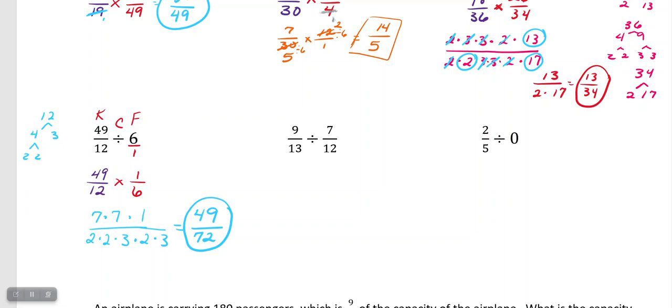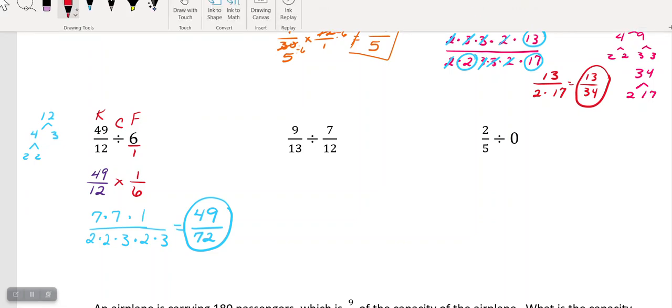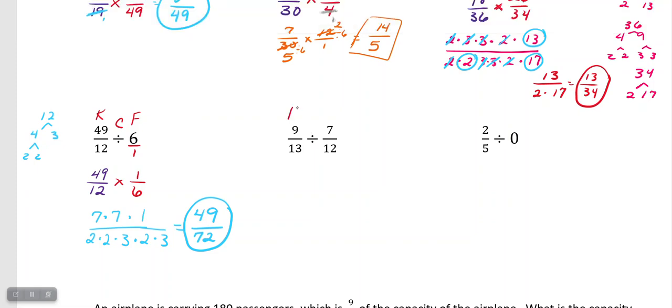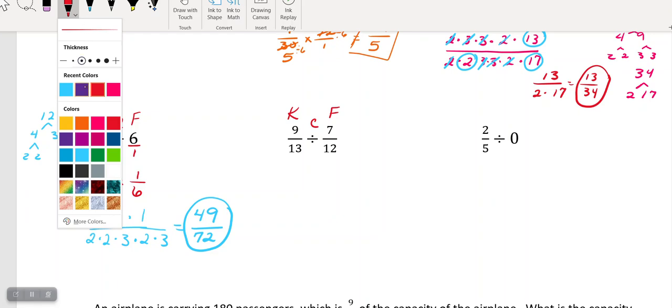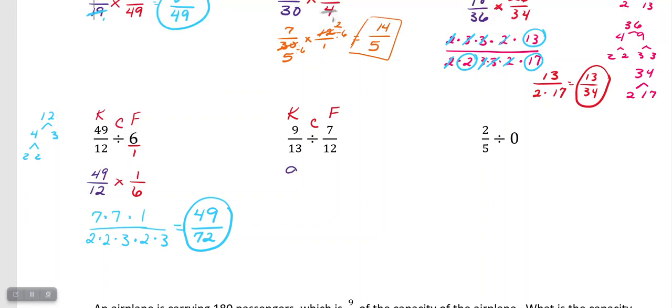So, okay, let's look at the next one. The 9 over 13 divided by 7 over 12, I'm going to keep, flip, change. So I have 9 over 13, flip my 7 over 12, and I get 12 over 7.